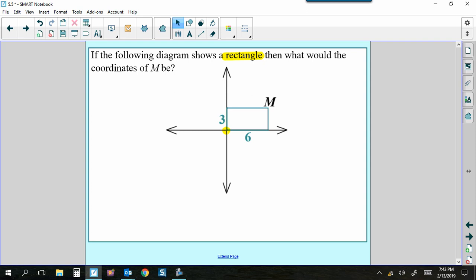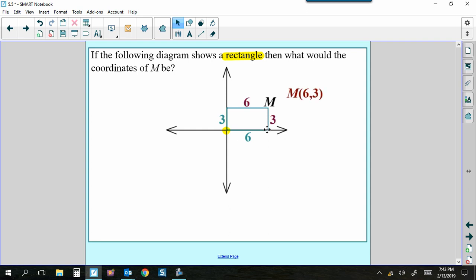Well, I know to be a rectangle, I have to have right angles. So I know these are 4 right angles, which means I know these are all perpendicular sides. I also know that the opposite sides are congruent. So I know this top side is 6, and I know this right side is 3. So I can actually find all of my coordinates knowing I'm starting at 0, 0. I know I can go up 3, so that would be 0, 3.